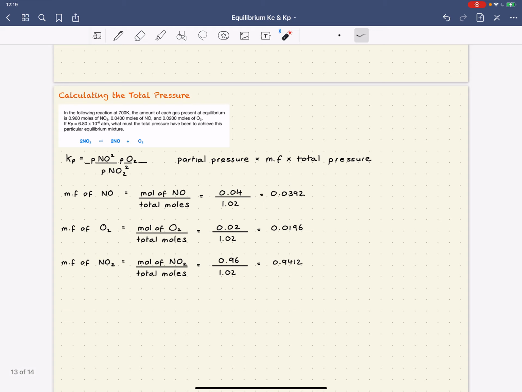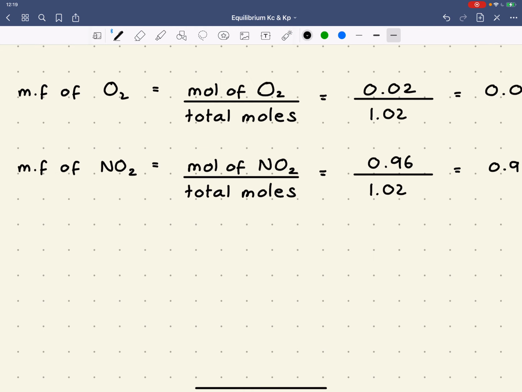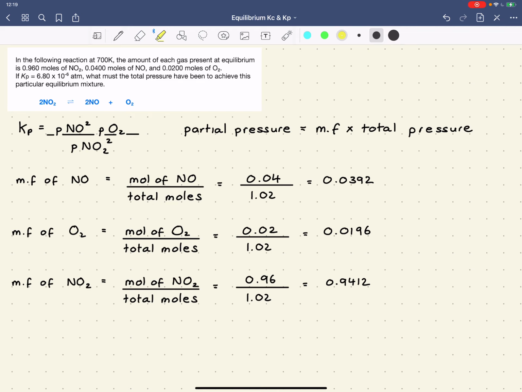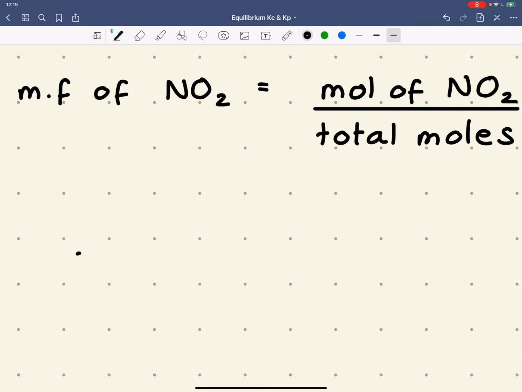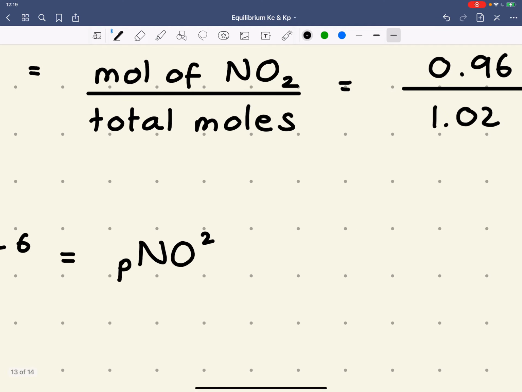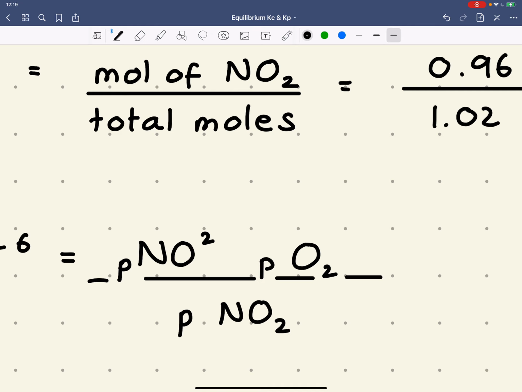Now, we've been told what the Kp is. It's 6.8 times 10 to the minus 6. So we can say then 6.8 times 10 to the minus 6 is equal to the partial pressure of NO squared, partial pressure of oxygen, divided by the partial pressure of NO2 squared.